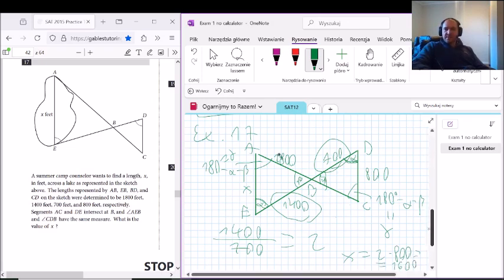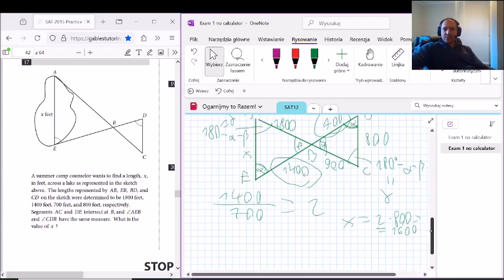This 1800 here didn't matter, but if you really want, we can calculate from it that BC equals 900 because it is a corresponding side to this one and it is 2 times smaller. So the answer here would be 1600.